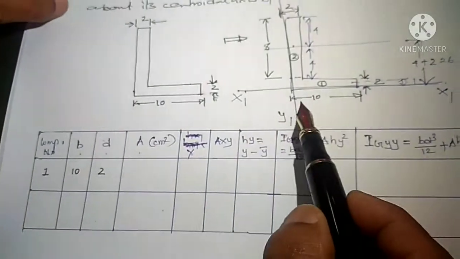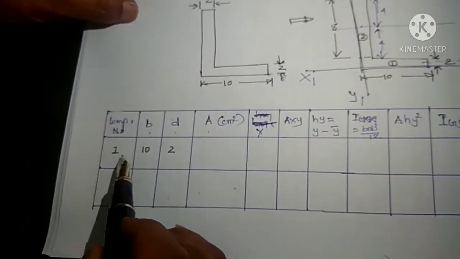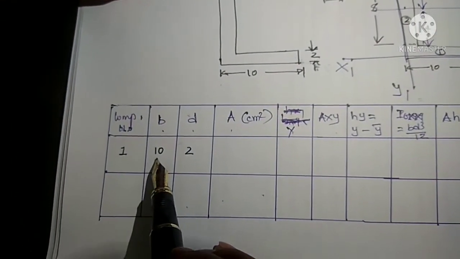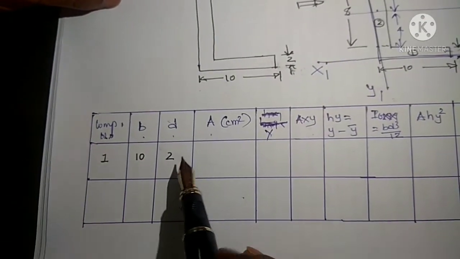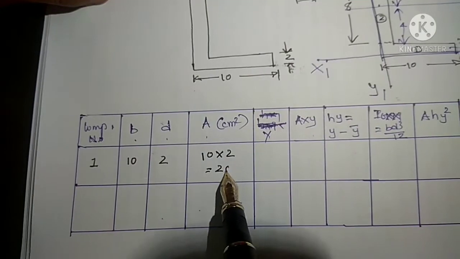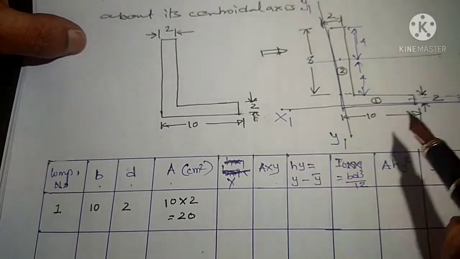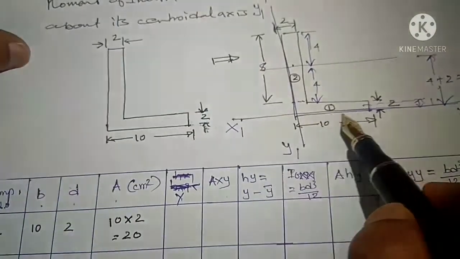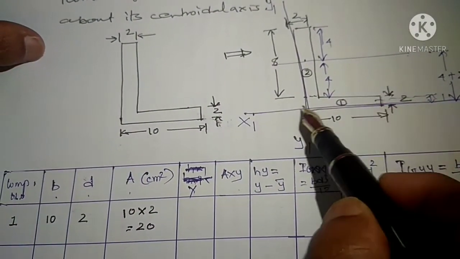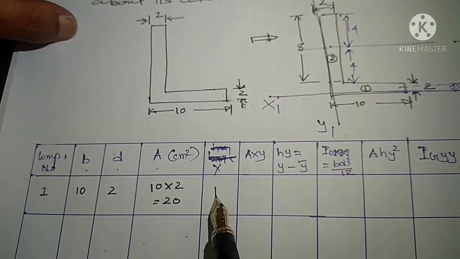In order to find the centroidal axis, consider the first component. For component number 1, b is equal to 10, d is equal to 2. Therefore, area is equal to 10 into 2, which is equal to 20. Also y is the distance from this reference axis to the centroidal axis of the first component, that is 1.